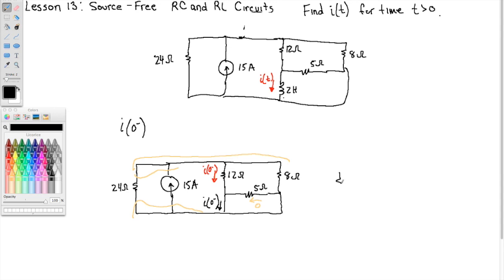So let me redraw this now. 6 ohms. This is essentially what we have now, for the reasons that were just stated.